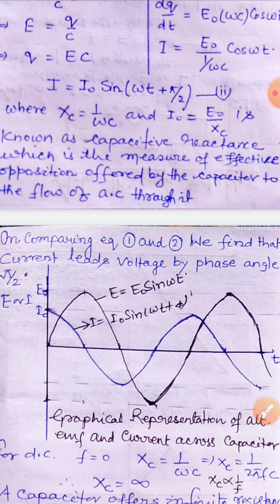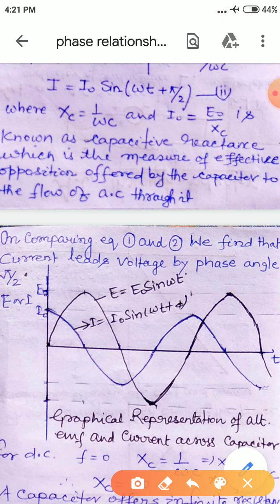So if t equal to 0, then sine 90 becomes 1, I is equal to I naught. So here at t equal to 0, current is maximum but in positive direction. So that is why we are starting from here. And at T by 4, you can check by putting its value in the expression, I becomes 0 and E becomes maximum.